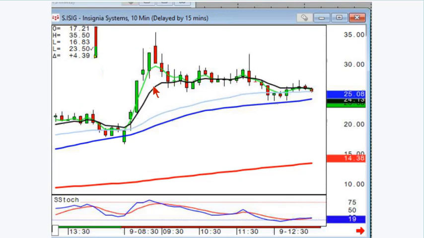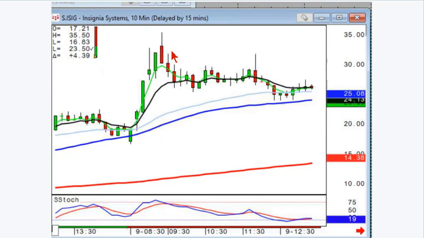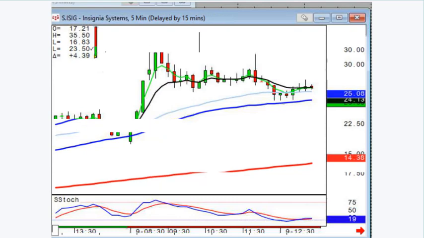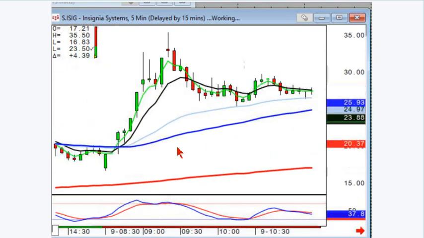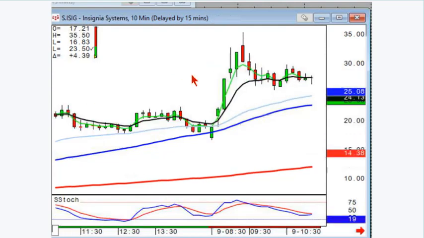We're a good distance away from our 10-minute T line. Maybe it's time to start taking profits. What's my 5-minute chart look like? Oops, I'm starting to see a lot of indecision. All right, maybe with the combination analysis of my 5-minute and my 10-minute, that says I want to start taking some off the table.